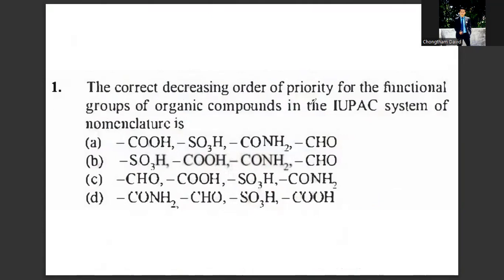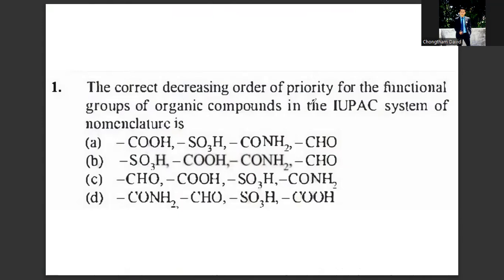Great. Let's move. The correct decreasing order of priority for the functional groups of organic compounds in the IUPAC system of nomenclature is. So these are various types of functional groups. You know what a functional group is? These are atoms or groups of atoms that characterize the property of the organic compound.